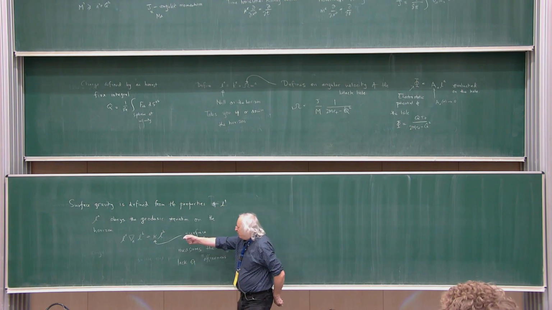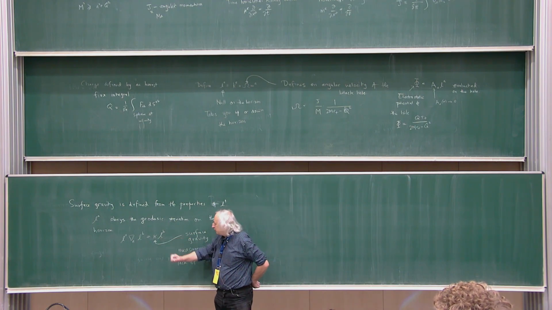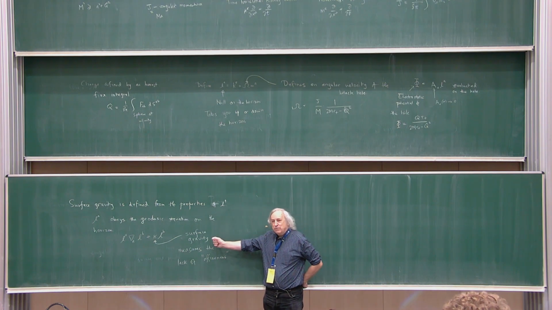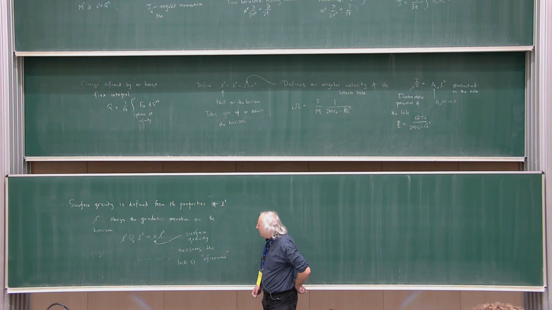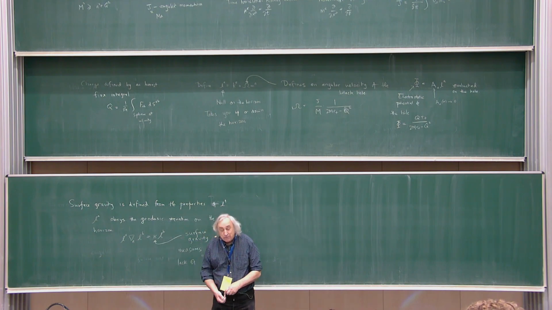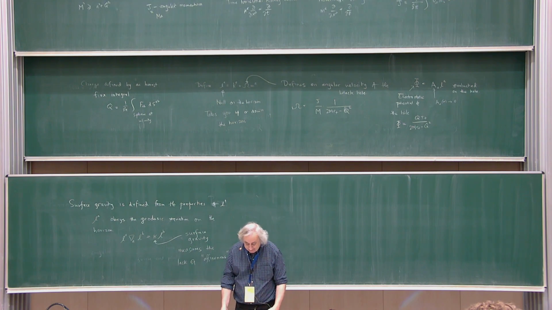If this wasn't proportional to L, you'd have said, oh, that's some kind of force term. And that's where the word surface gravity comes from, because you think of surface gravity at least as being a force. But because it's proportional to L, it's not really a force at all. It's just measured by how much things are not affine.